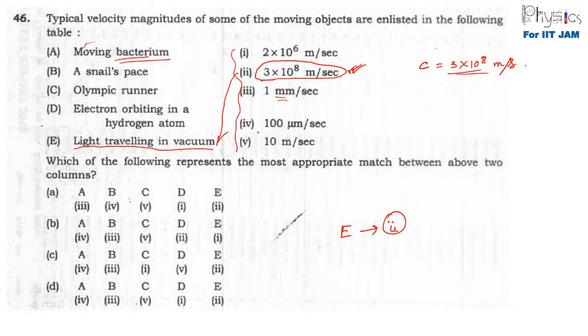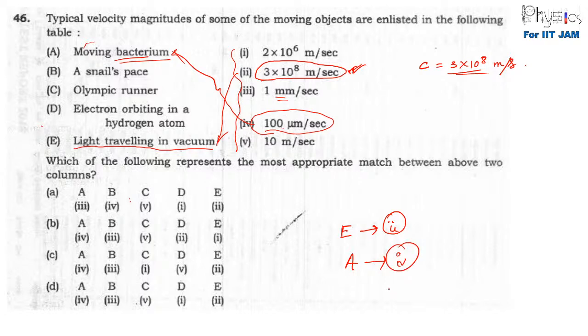That means it should have the minimum velocity, right? The minimum velocity. That means 100 micrometer per second. It is for A. That is, A is 4.